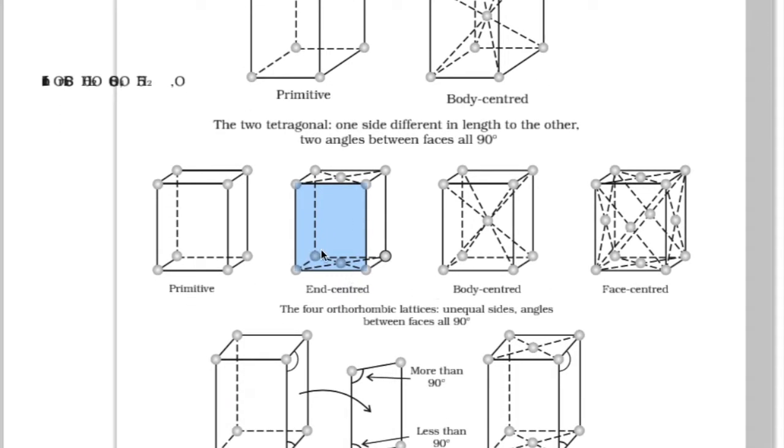In end centered unit cell, particles are present at corners and at the center of opposite faces. Can you see this? These two faces are opposite to each other and particles are present at the center of these two opposite faces. So, this type of unit cell is known as end centered unit cell.